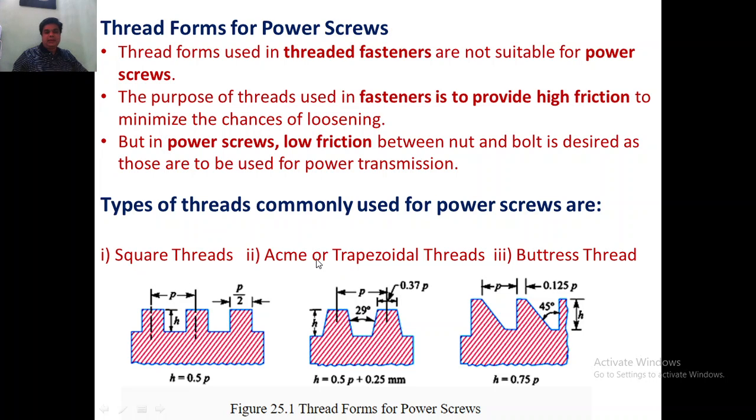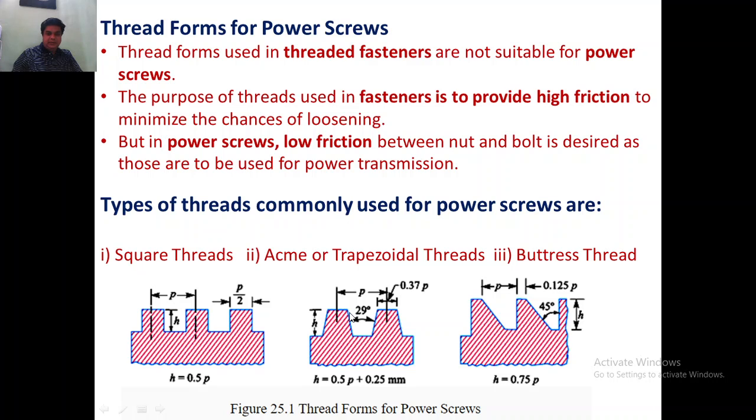Similarly we have the acme thread, or trapezoidal thread. The acme thread, as you know, is a slight variation of the square thread. In the case of the square thread, this edge is perpendicular to the axis or bottom.